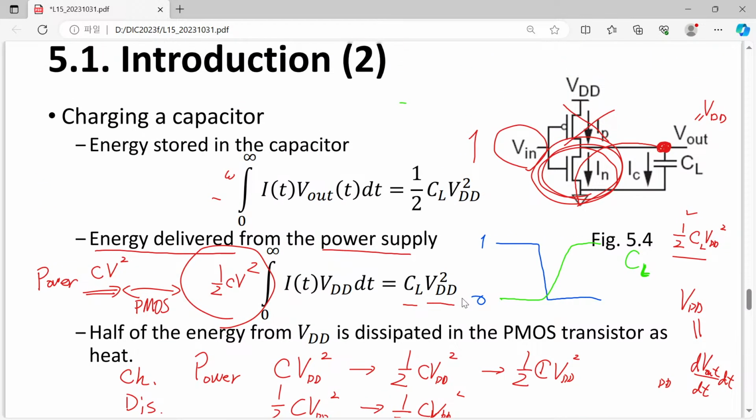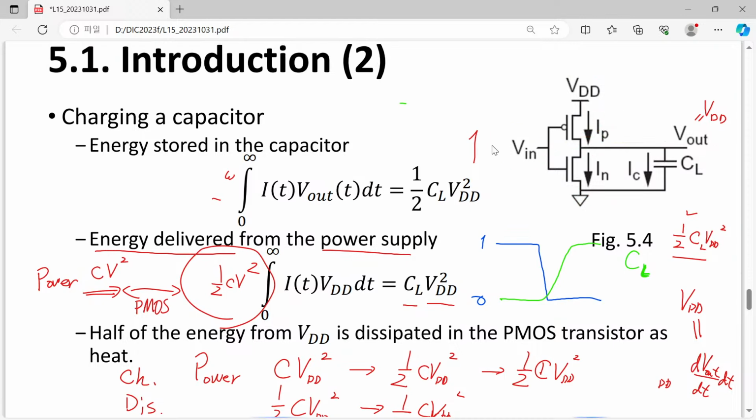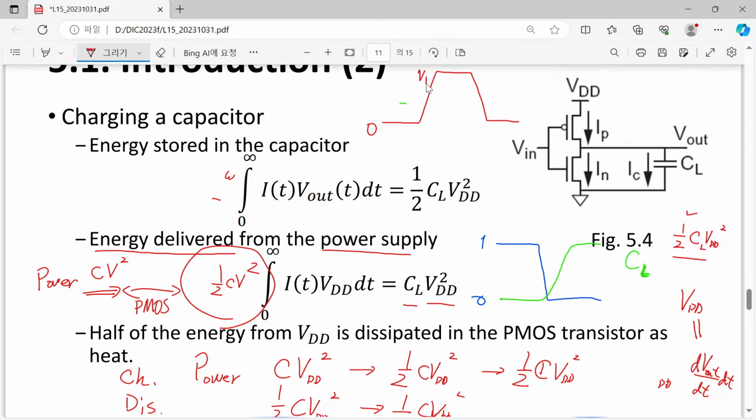We no longer have any charge or any energy stored in this C_L, because our C_L voltage changed in this way: initially 0, then charged, and completely discharged once again.